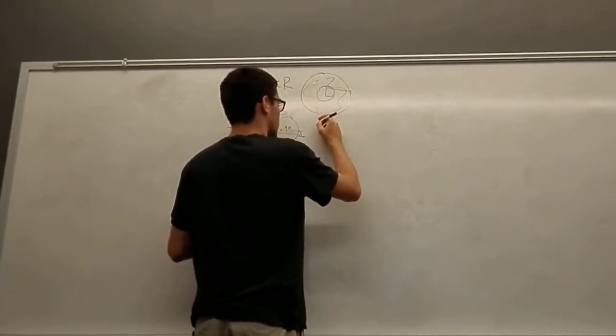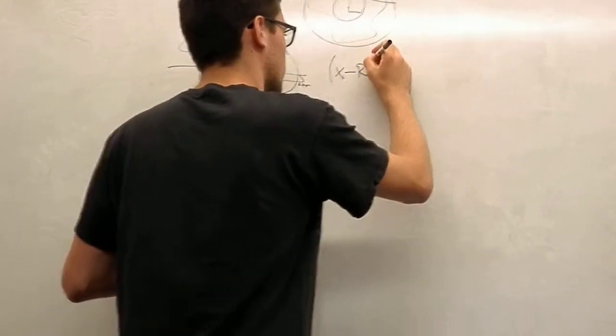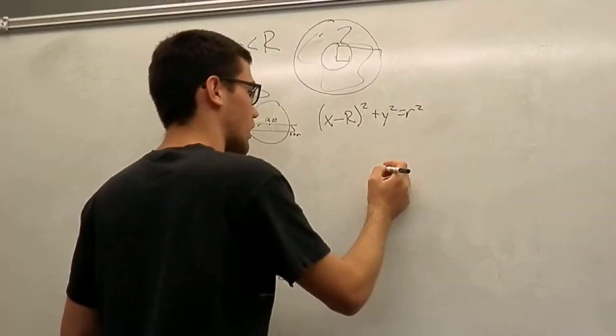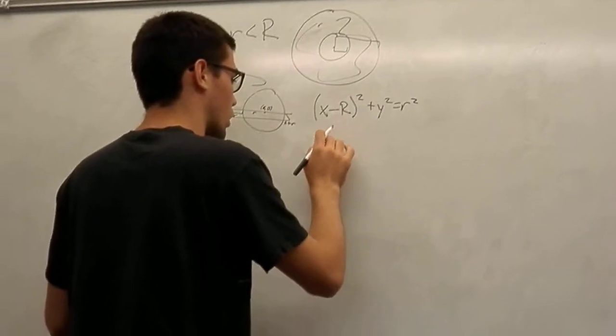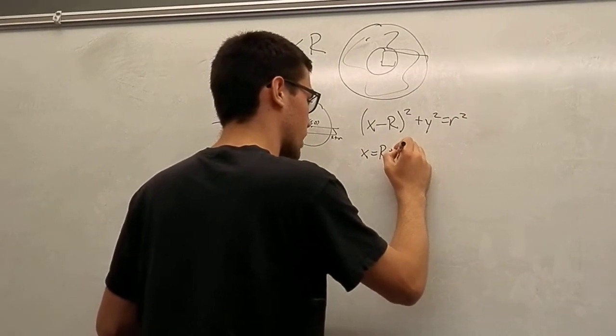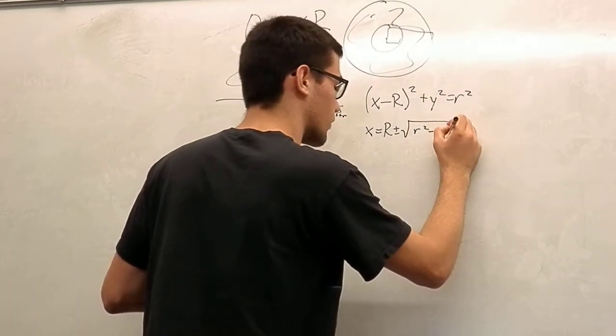If we get the equation of the circle in standard form, you get (x minus big R) squared plus y squared equals r squared. Then if you solve for x, you get that x equals big R plus or minus the square root of little r squared minus y squared.